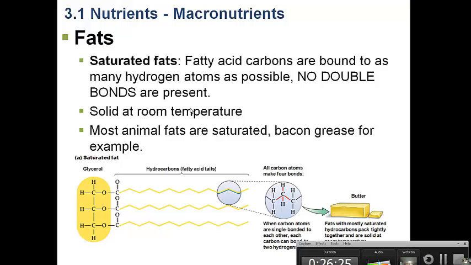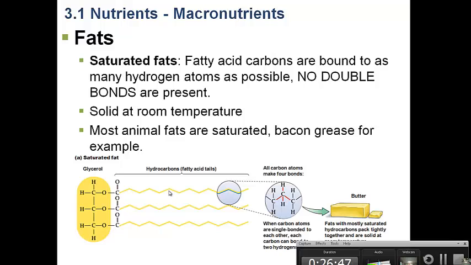Interestingly, in a saturated fat, the fatty acid tails are fairly straight. Now, you may say, well, they go up, down, as I'm pointing to there. That is true, but overall they're fairly straight. There are no 90-degree angles in those tails, and this is because there are no double bonds present.